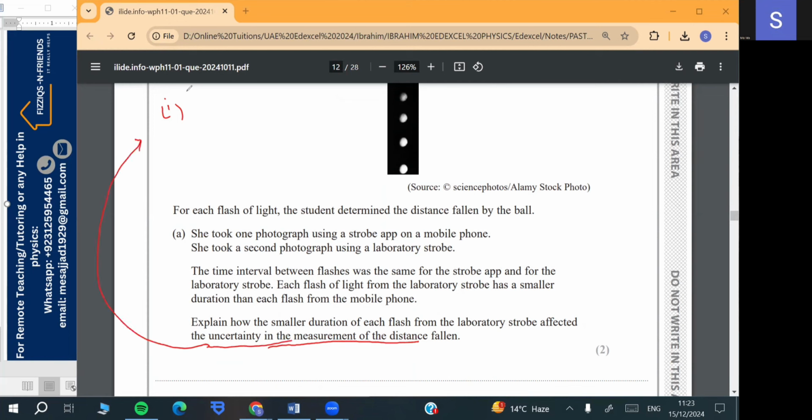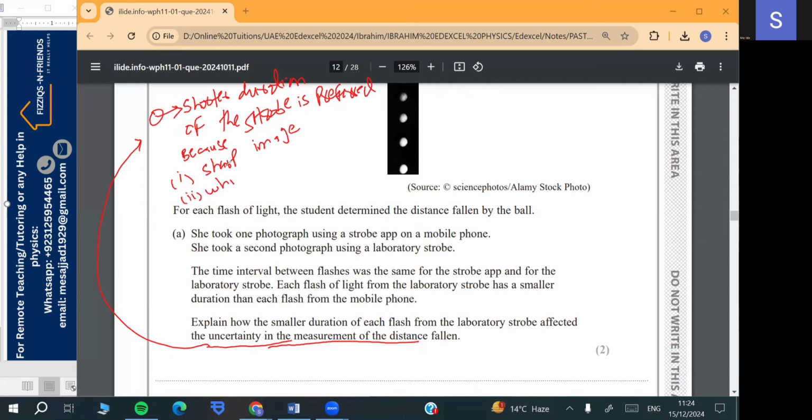So first of all, a shorter duration of the strobe is preferred, because shorter duration will create a sharp image, which will help in measuring the correct or accurate distance.